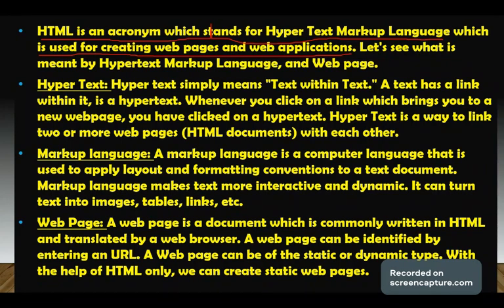Whenever you are seeking some information through Google, you enter some text into the search engine. When you click the search button, it shows you the result based on the information you have entered. So different pages are opening as a result, and those pages are nothing but the web pages. You can go for one page, two page, three page, and any number of pages related to that information.